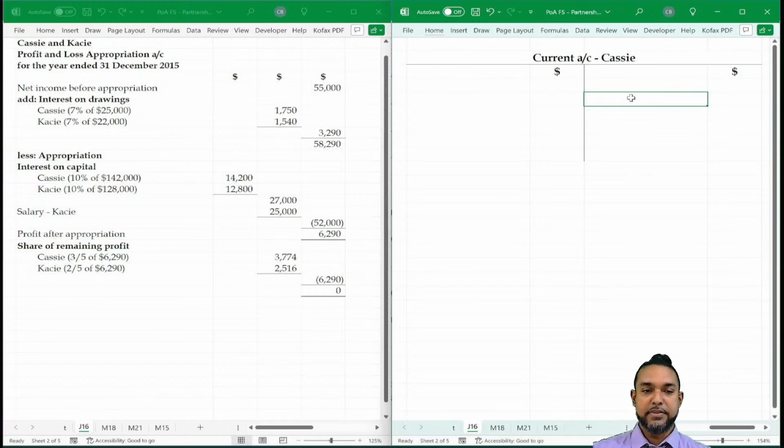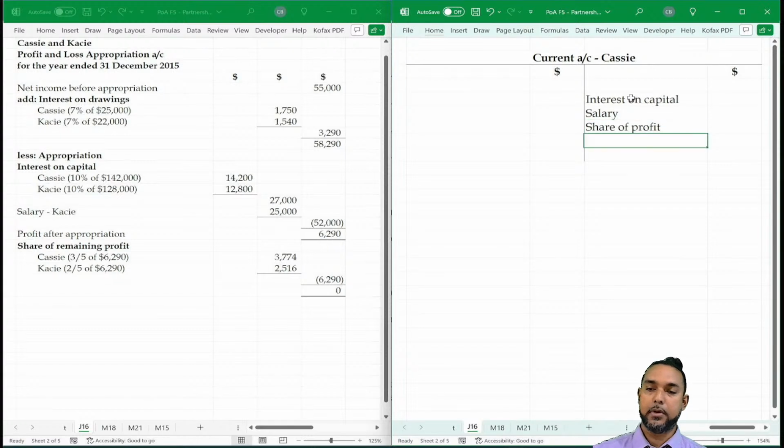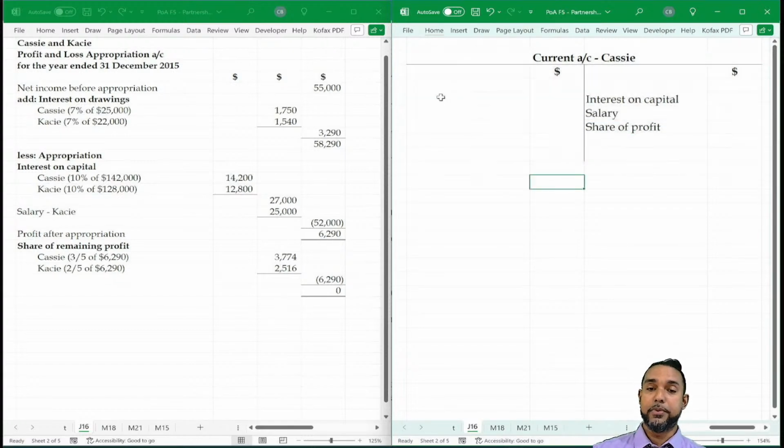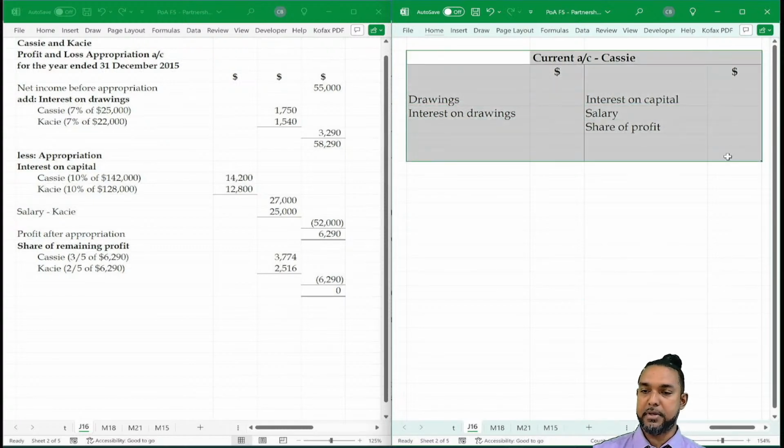So like I said, the earnings for the partners will be the interest on capital, but there's no particular order in which you have to put this. You can also have a salary, and share of profit. And for the withdrawals would be the drawings and the interest on drawings, right? So I'm actually just going to copy and paste this down here as well.